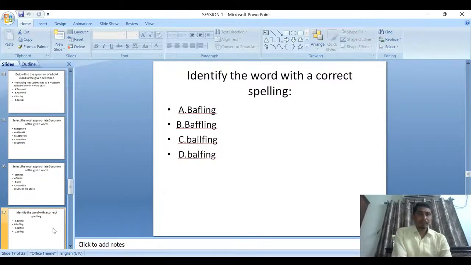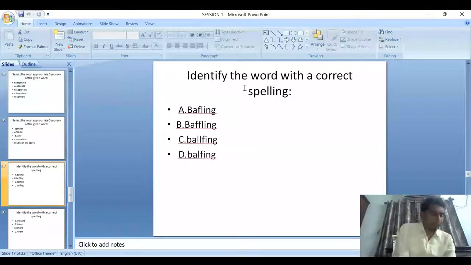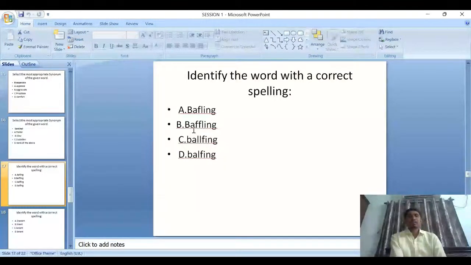Next one, identify the word with the correct spelling. Can you see my screen?